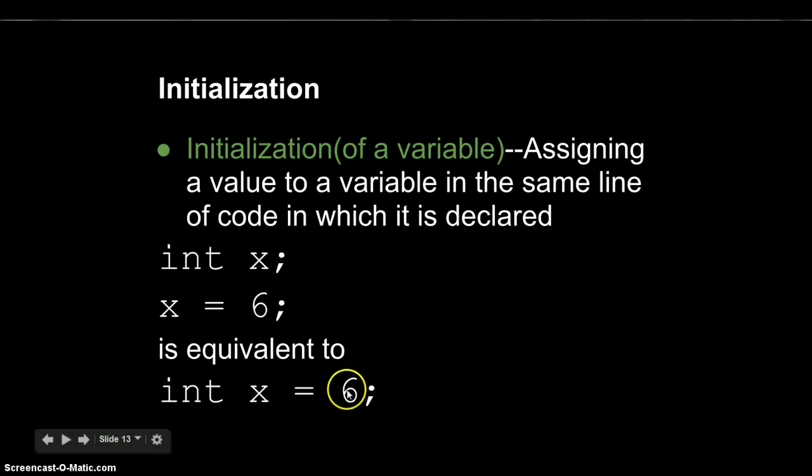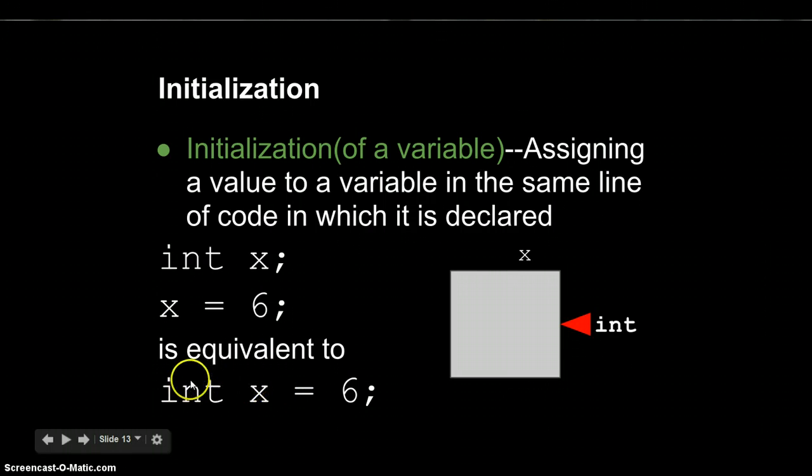And that's good because now we don't ever have variables kind of floating around without any value inside of them. So, when we run this line of code, int x equals 6, first, it's going to make the variable x that stores integers, and then it's going to evaluate the right side of the operator and then store it into the variable that we just made.